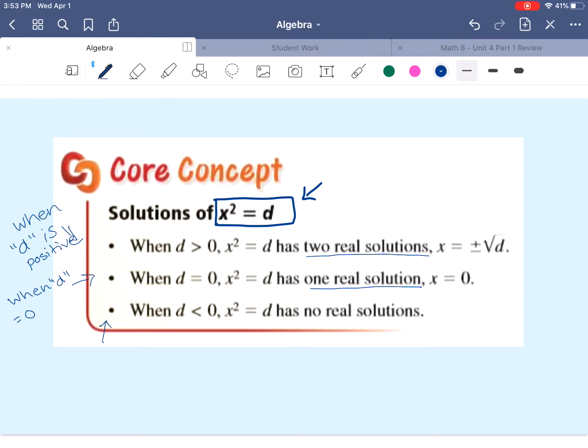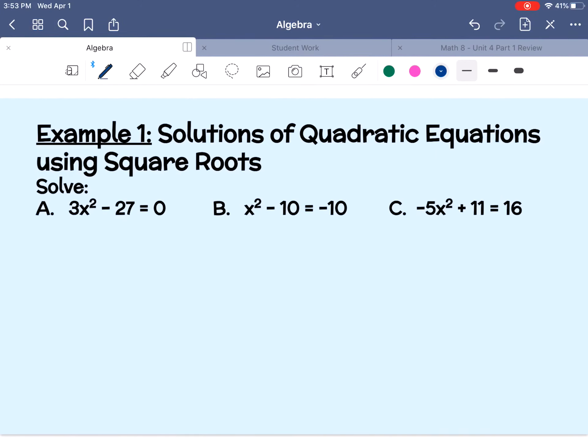So this is when d is negative. There are no real solutions. All right. Just a reminder, if you need to pause the video and write down the things that I'm writing down, then you can pause the video. Just making sure you know that.